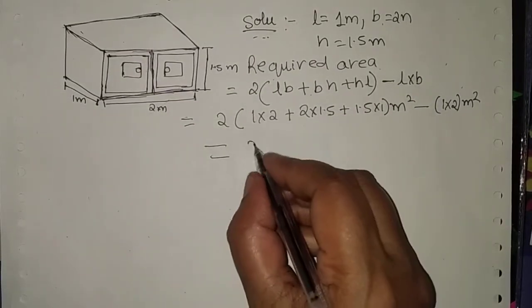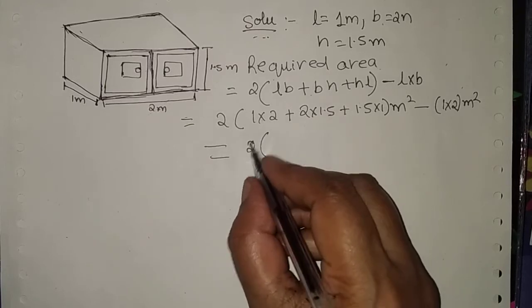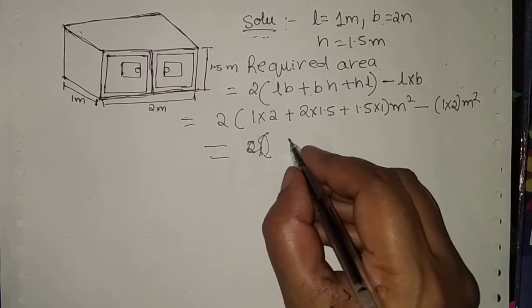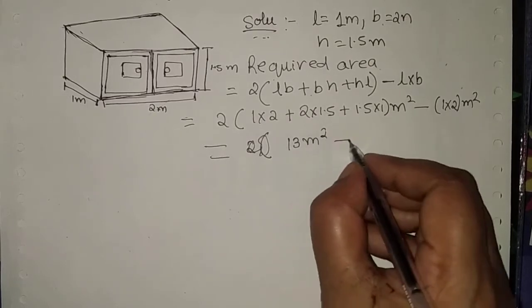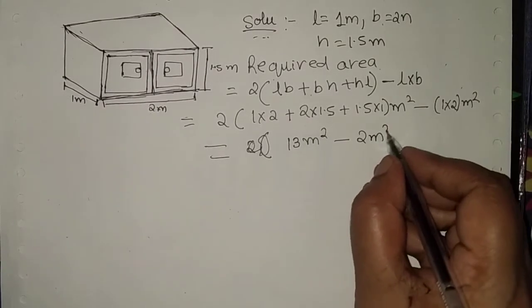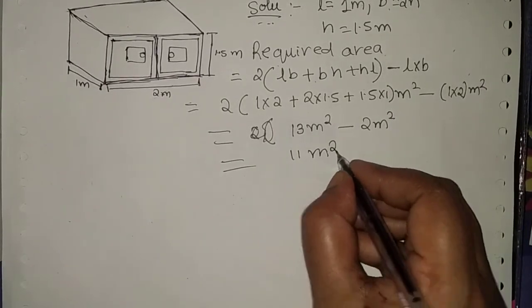Therefore multiply all this, we will get 13 m square minus 2 m square, which is equal to 11 m square is the answer.